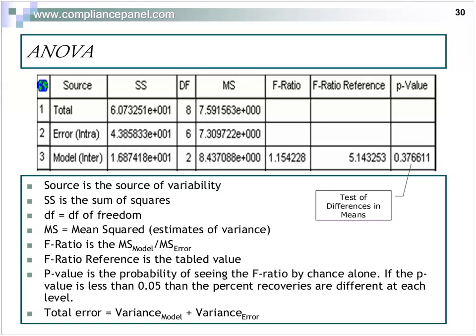I take that to the table value for 2 numerator degrees of freedom, 6 denominator degrees of freedom, and the value would have been 5.14. So if the F ratio would have been greater than 5.14, I would have concluded that there's statistical differences amongst the levels. But since the 1.15 is less than 5.14, I conclude that, in fact, there are not statistical differences amongst the levels.